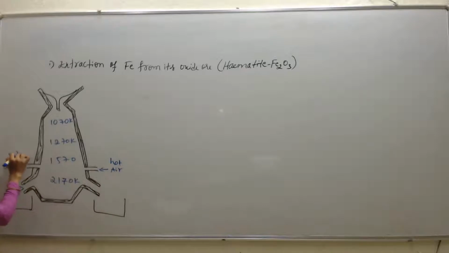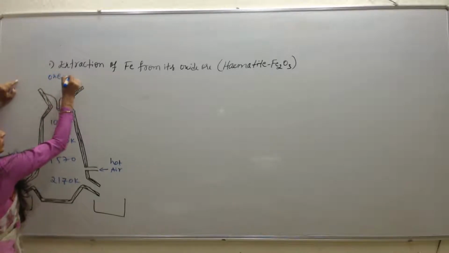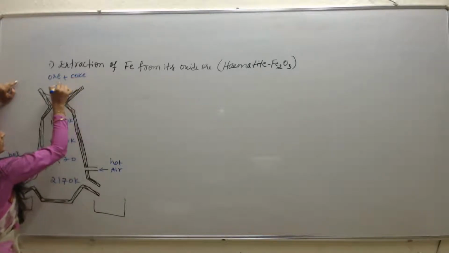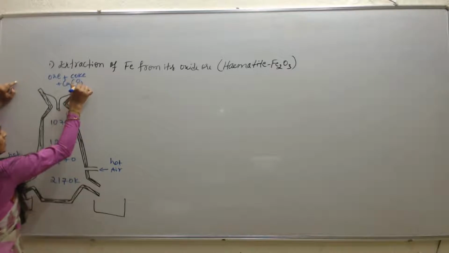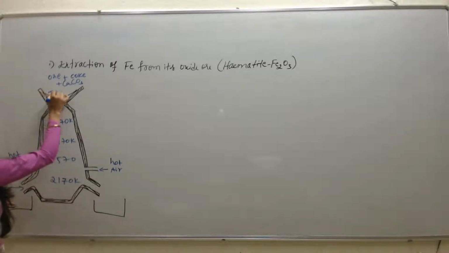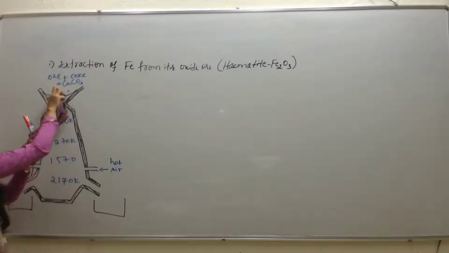Here we have ore particles plus coke plus calcium carbonate. Ore plus coke plus calcium carbonate are all mixed as a powder ore here. You can write in another color so you may understand this clearly.